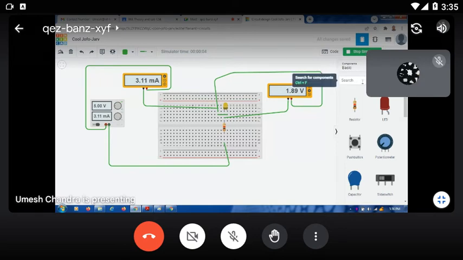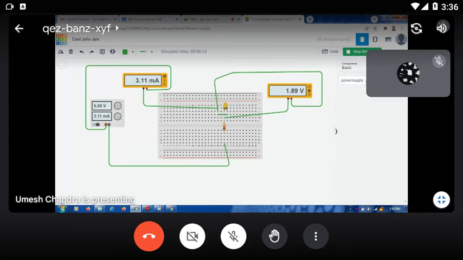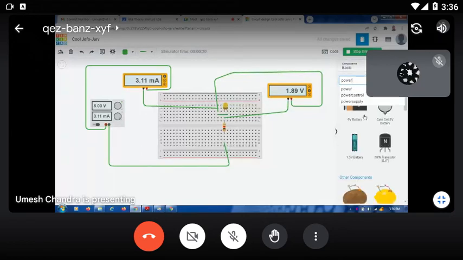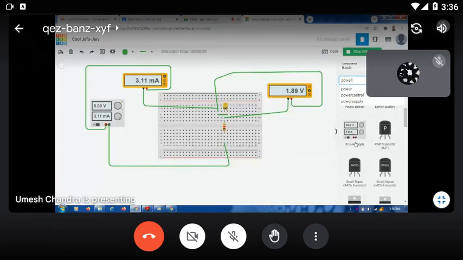Just go to the search option and write POWER. Now the power supply is here. Yes sir, it is showing. Okay, sir. Thank you. I got it.